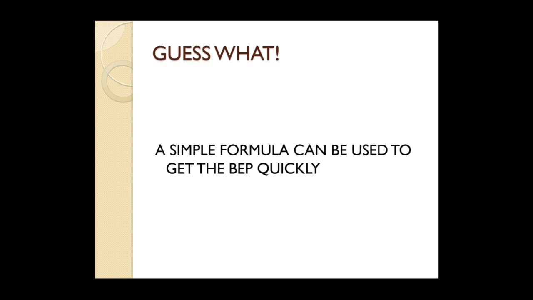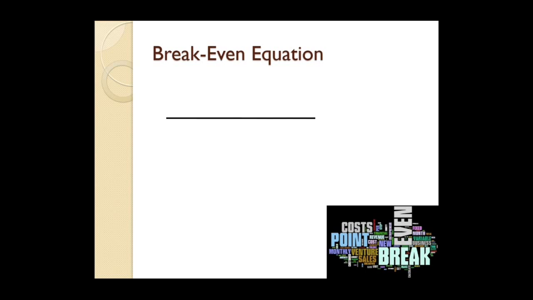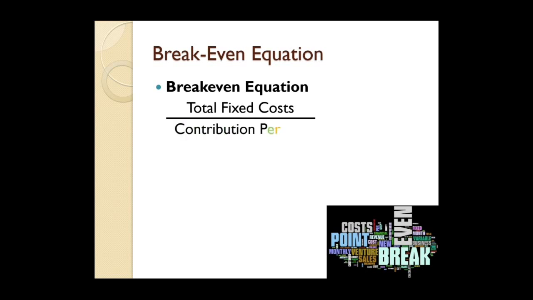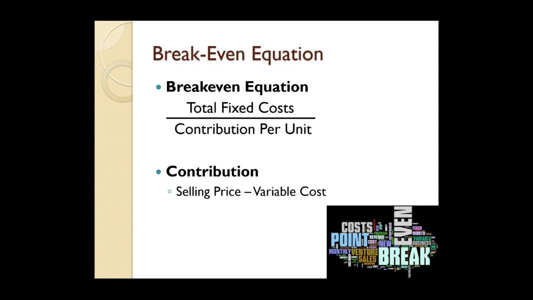We have a way to find the break-even point without drawing a break-even chart, what we call the break-even equation or contribution method equation. You take the total fixed cost and divide it by the contribution per unit, which is the selling price minus variable cost. So contribution is selling price minus variable cost.